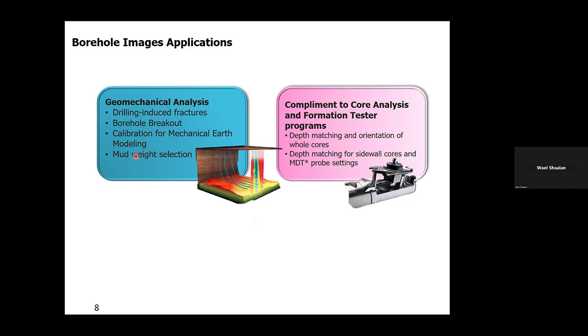A lot of times we use the borehole image as a solid tool for determining depth zones, for example, selecting sidewall cores. It is good practice to look into the image and see what is the best part in terms of depth, and then we can select the sidewall cores and also the pressure points.